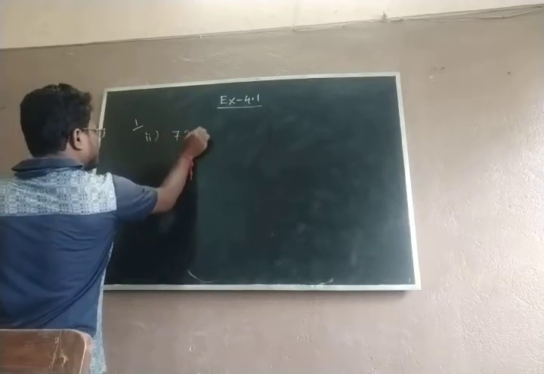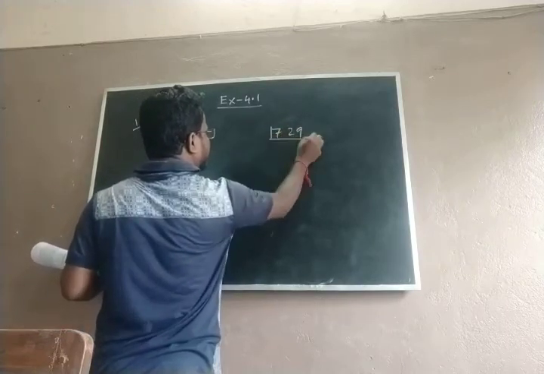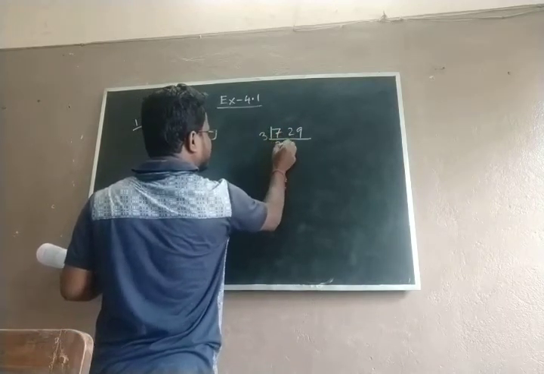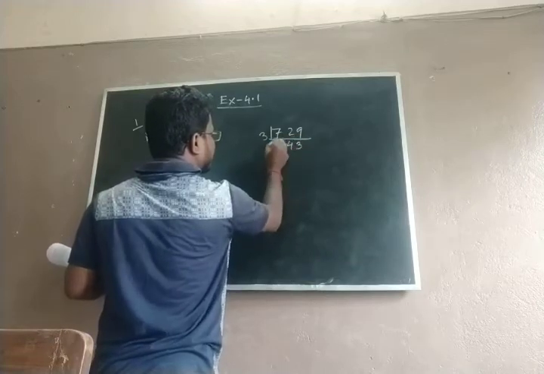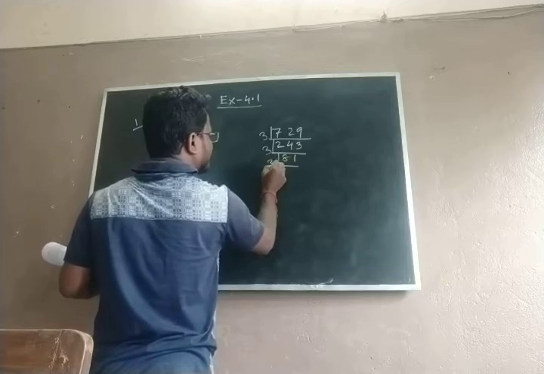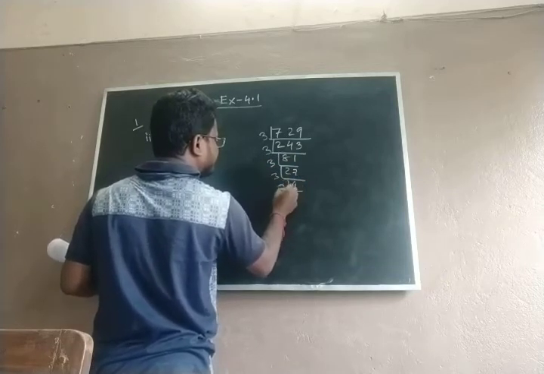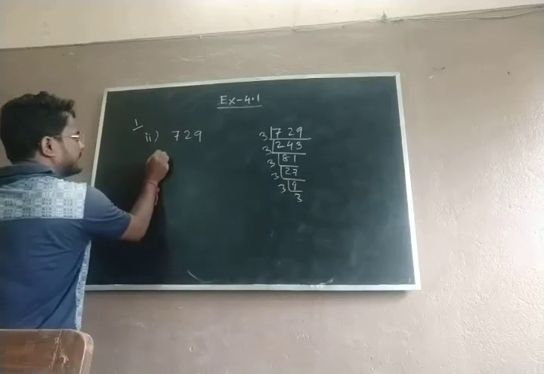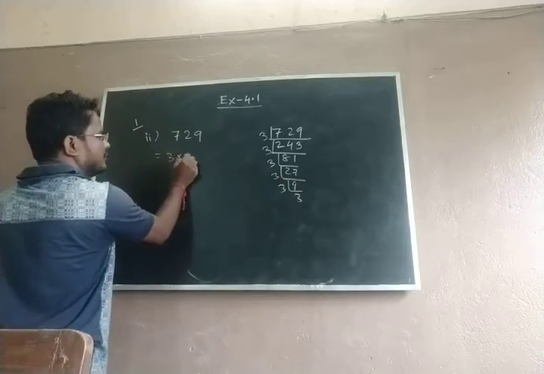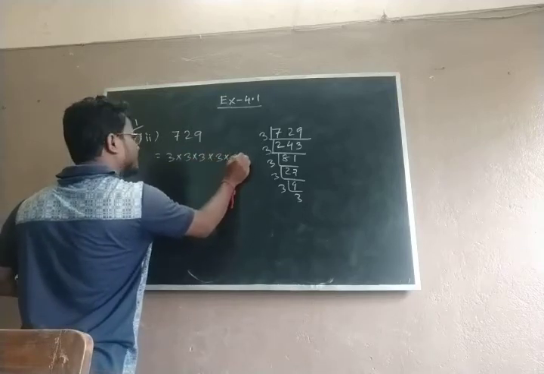It is given 729. You have to prime factorize it. 3 twos are 6, 3 fours are 12, 3 threes are 9, 3 nines are 27. So we can write 729 equals 3 into 3 into 3, then 3 into 3 into 3.